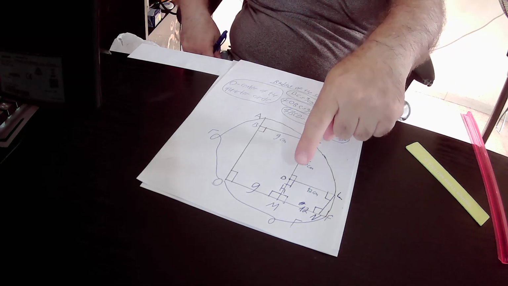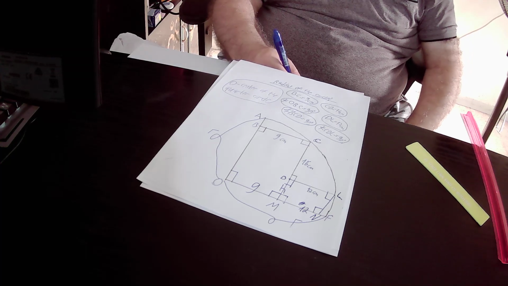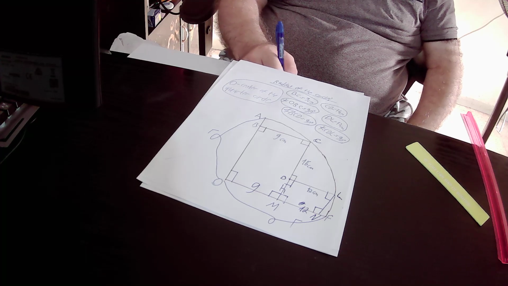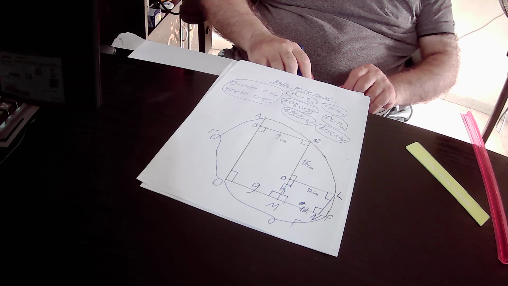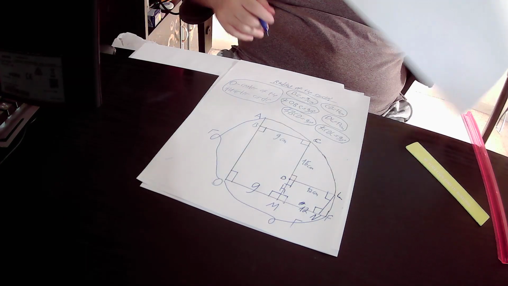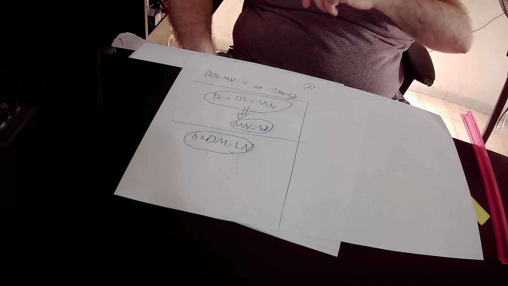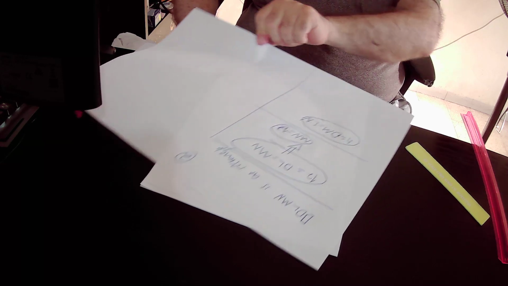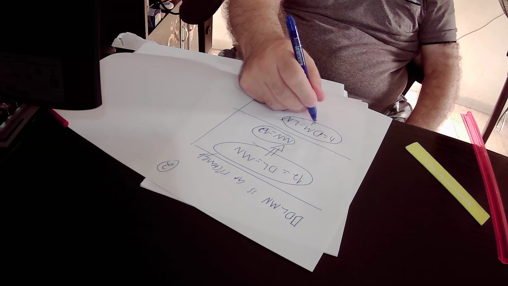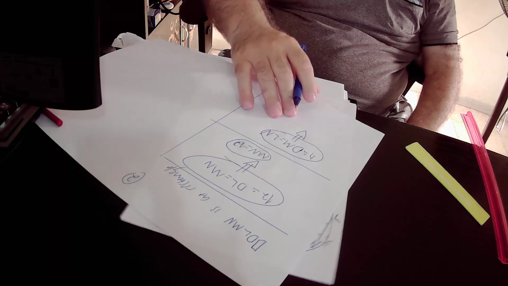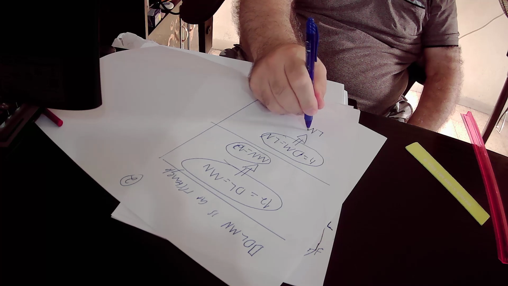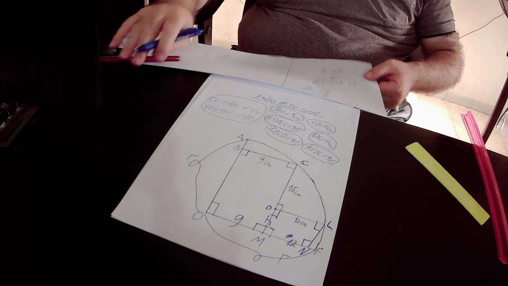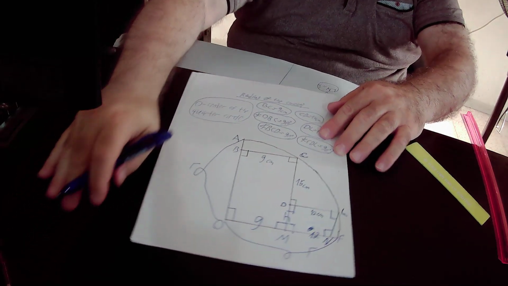But according to our definition, side DM equals H. So we can write here that DM equals H. And from this equation, H equals DM equals LN, we derive that side LN is also equal to H.